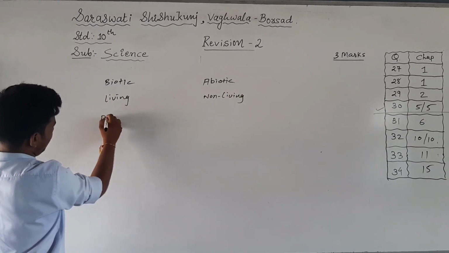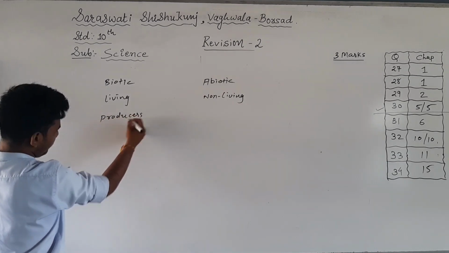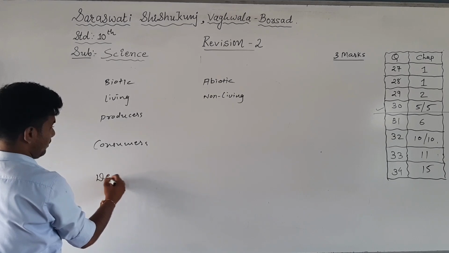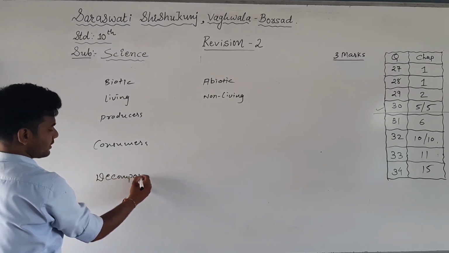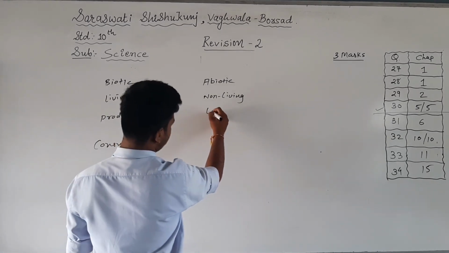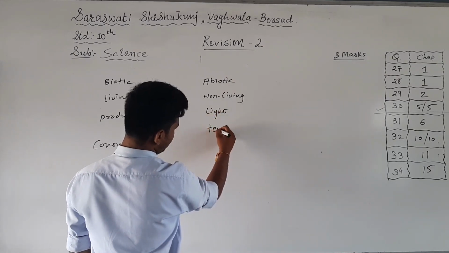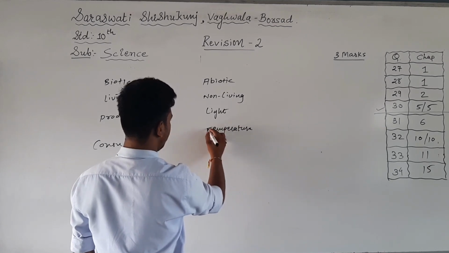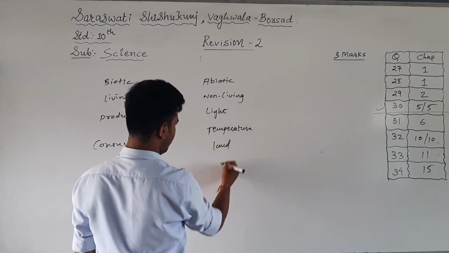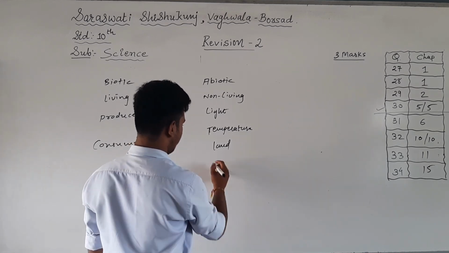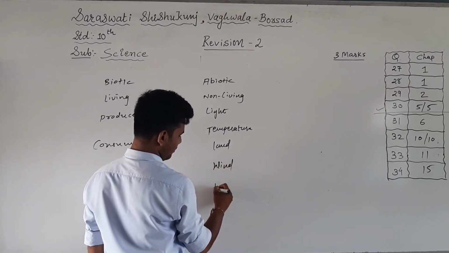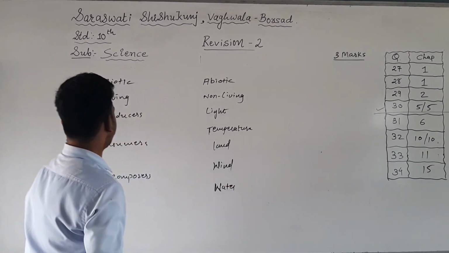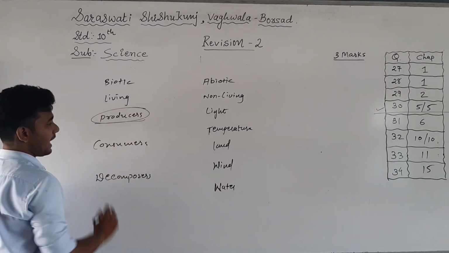In biotic components there will be producers, consumers and decomposers. While in abiotic components there will be light, temperature, land, wind, water, etc. In producers there will be plants and algae.